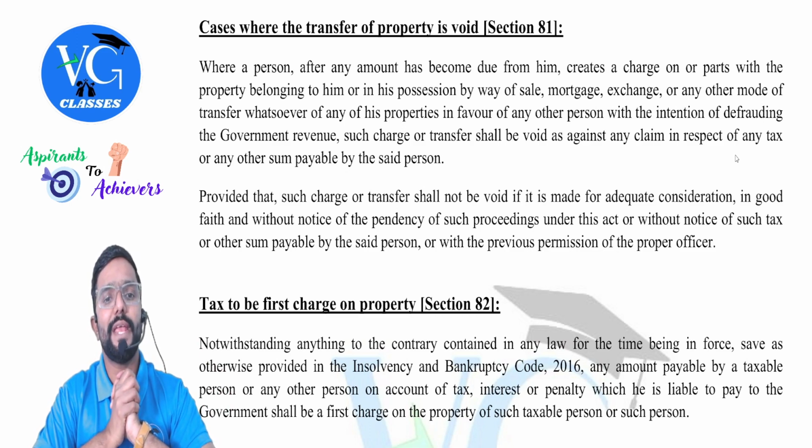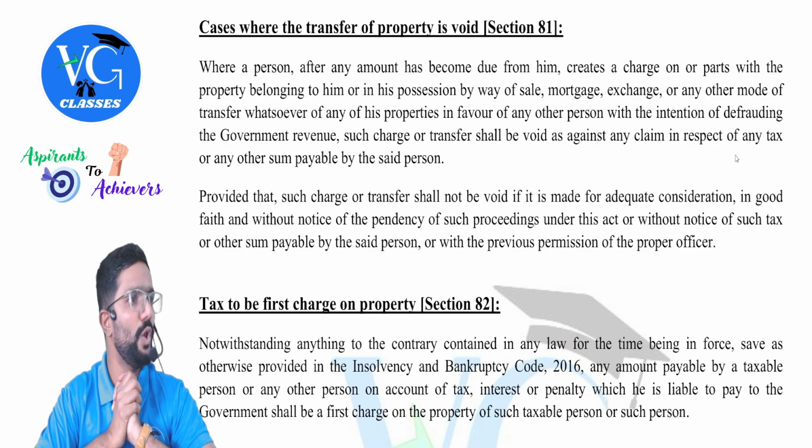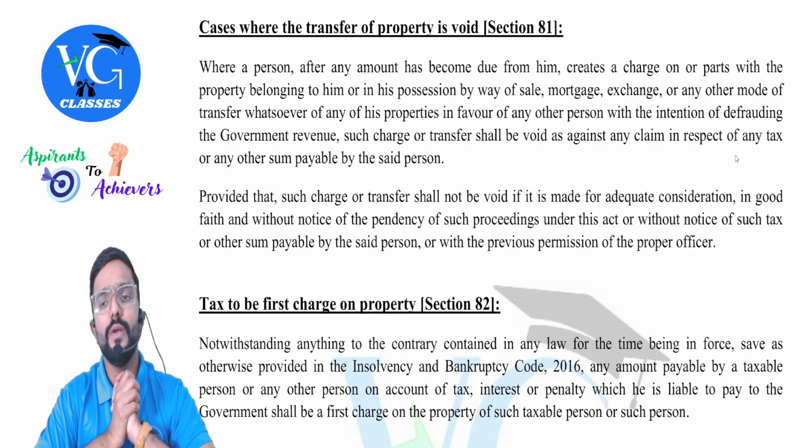Where a person after any amount has become due from him creates a charge. Creates a charge means is pledging it and taking a loan, guys. Or parts with the property belonging to him or in his possession by way of sale, mortgage, exchange, or any other mode of transfer whatsoever of any of his properties in favor of any other person with an intention of defrauding the government revenue.